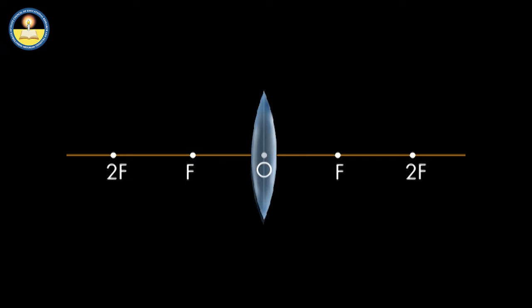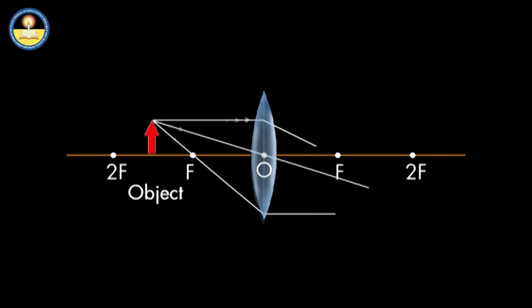Further, the size of the image gradually increases as the distance of the object from the lens decreases, and a real, inverted and magnified image can be obtained. But the image is formed beyond 2f.